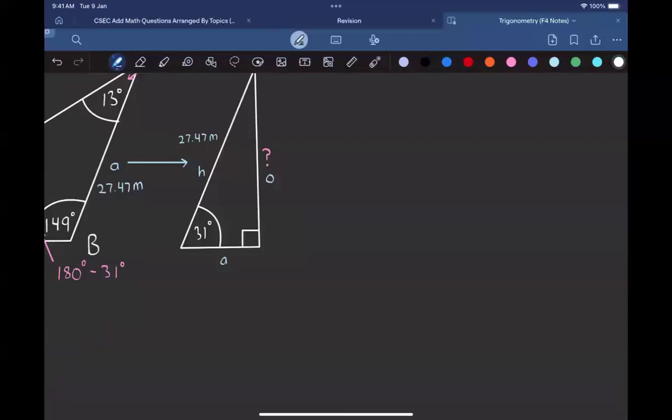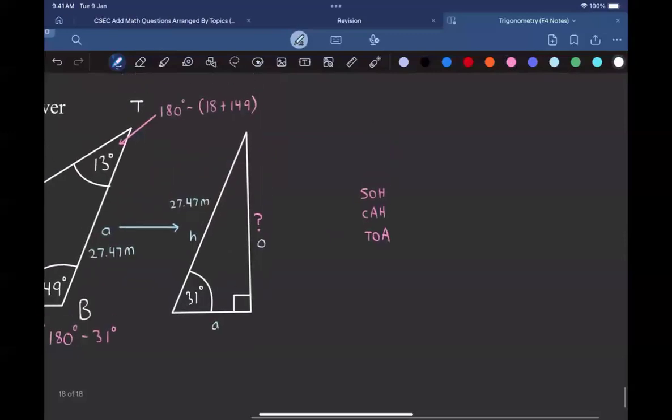Cos? Let me see what we had to pick. Just remember SOH CAH TOA. And again, when you're picking, consider what you have and what you're trying to find.